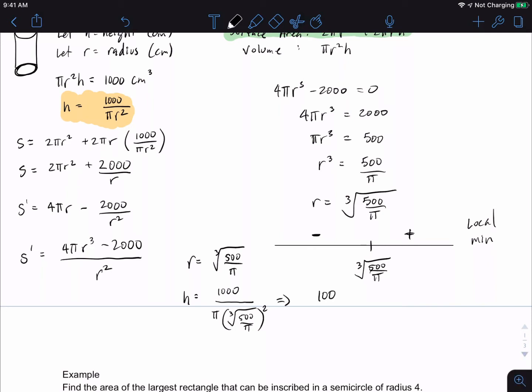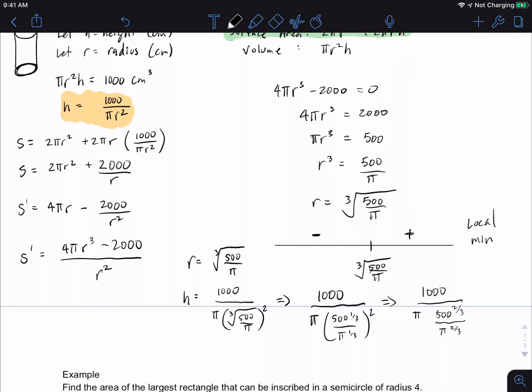I'm going to get 1,000 over pi, and then what's inside, I'm going to rewrite it so it looks like this. Not cubed. It's going to be 500 to the 1/3 power over pi to the 1/3 power, and then squared, which will be 1,000 over pi times 500 to the 2/3 over pi to the 2/3.